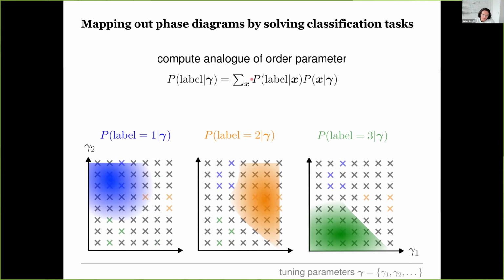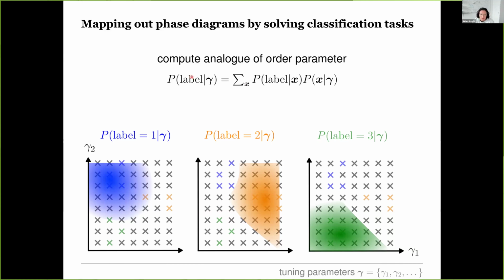What I mean by that is we can take P of label given X and sum over all possible states X within the state space, weighted by the probability of drawing X at a given point gamma. And then we obtain the probability of drawing a label at a given point in parameter space gamma. And these are pseudo order parameters.